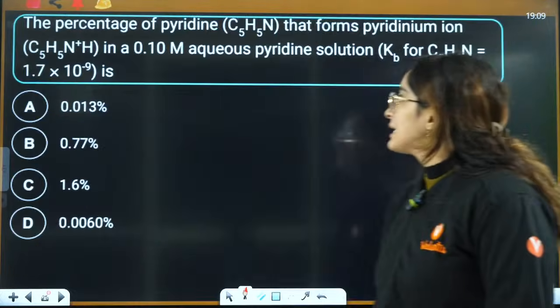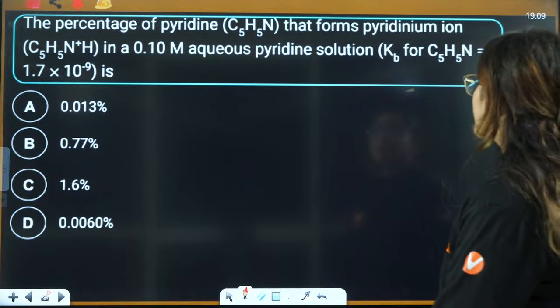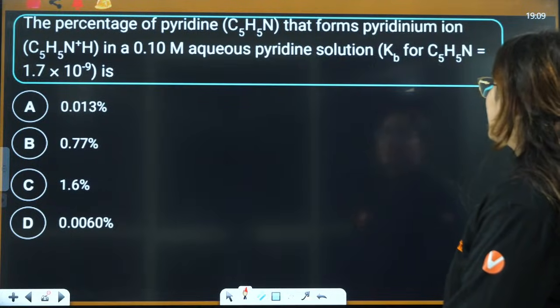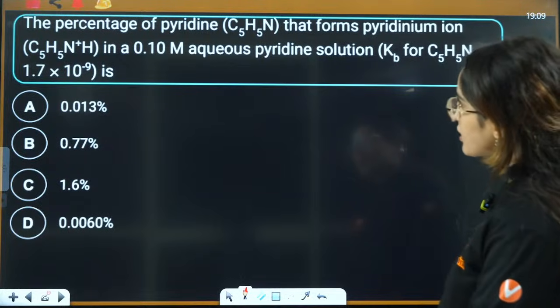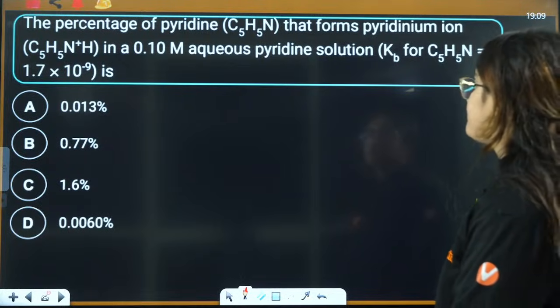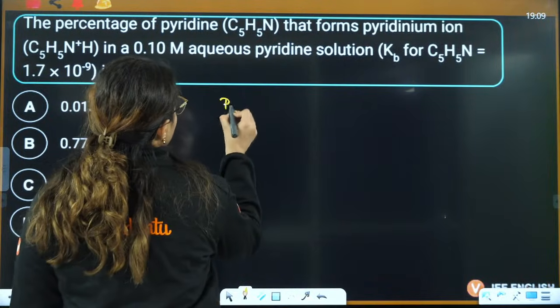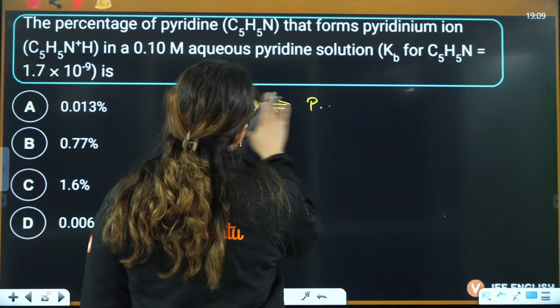Okay. Then there comes a question: what is the percentage of pyridine that forms pyridinium ion in this much aqueous pyridine solution? Kb for this is given, and they are asking the percentage of pyridine. See, pyridine is a base, so a base will accept H positive and form pyridinium ion.